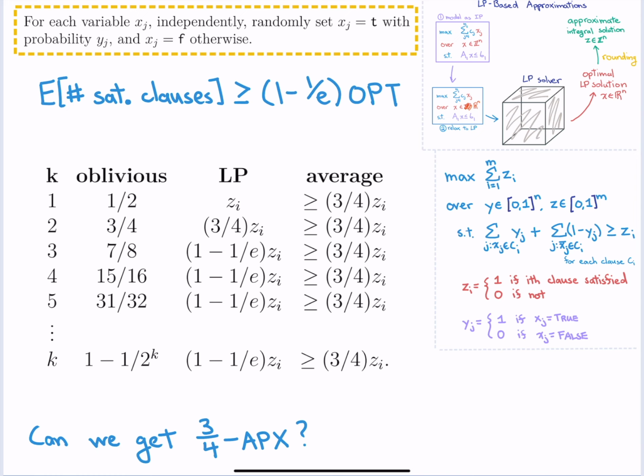The analysis was based on the z's, but the algorithm itself just looks at y1 and flips heads with probability y1, and looks at y2 and flips heads with probability y2. So in your algorithm you would still roughly do the same thing. Even though you're only looking at small clauses, you may still be looking at all the variables, all the yi's. So you'll still end up flipping all those coins based on the yi's. Does that make sense?